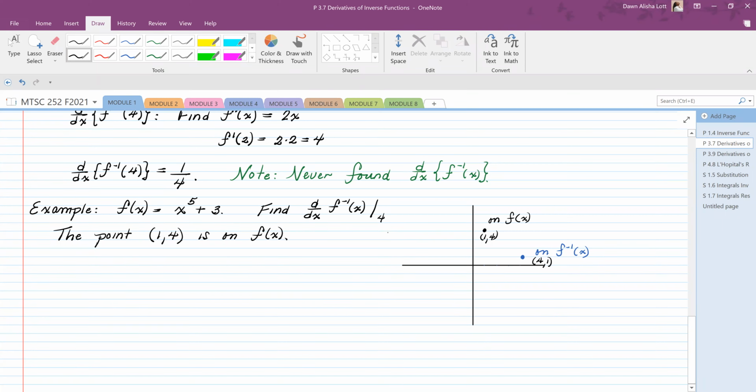So I'm telling you that in order to find it, you need to first find f prime. Notice I have not found the inverse function, but I can tell you what its derivative is. So the first thing I need to do is take the derivative of the original function.